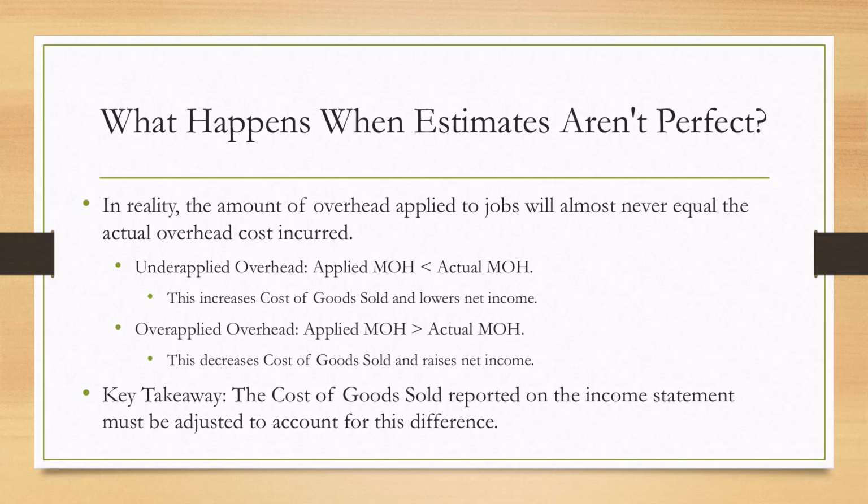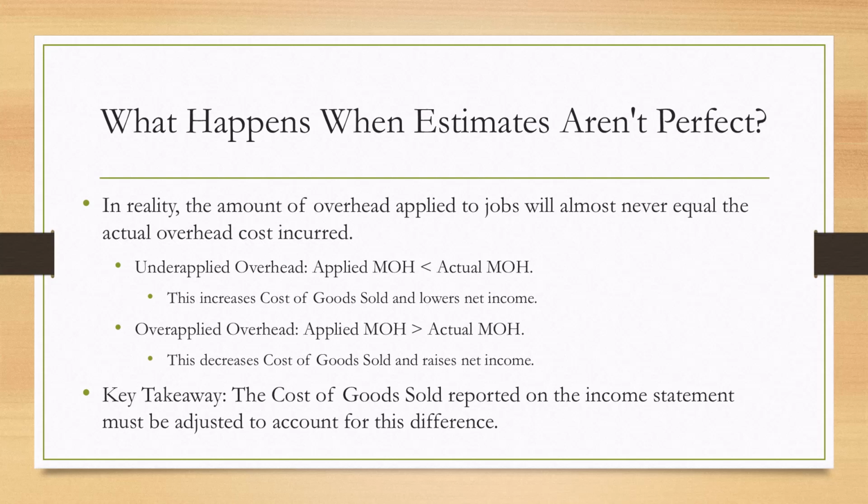The system we've just used relies on estimates. So, what happens when our estimates aren't perfect? In the real world, the amount of overhead applied to all jobs during a period will almost never be exactly equal to the actual overhead costs the company incurred. This creates one of two situations. If the applied overhead is less than the actual overhead, we have what's called underapplied overhead.